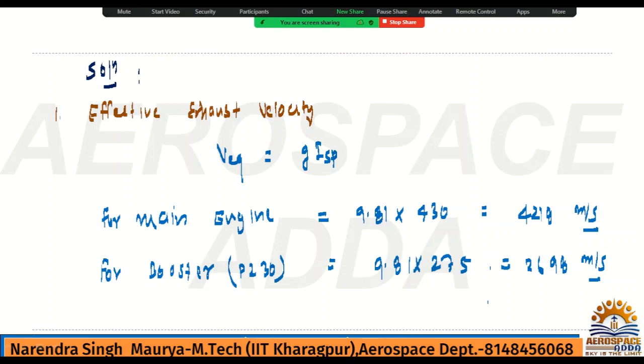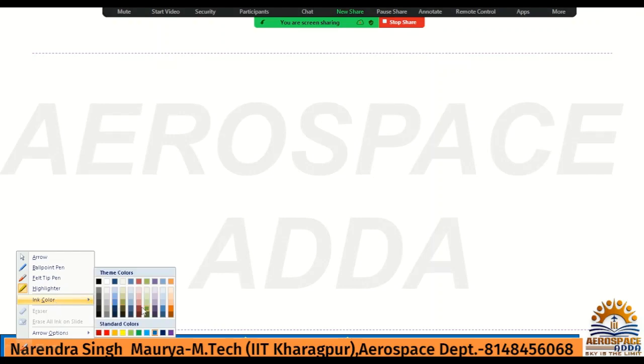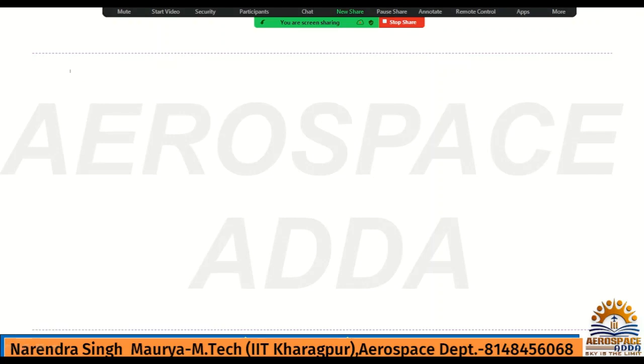Now we are going for the second, exhaust mass flow rate. What is the second point? Number 2, exhaust mass flow rate. What is the mass flow rate formula? m dot is thrust divided by V effective.